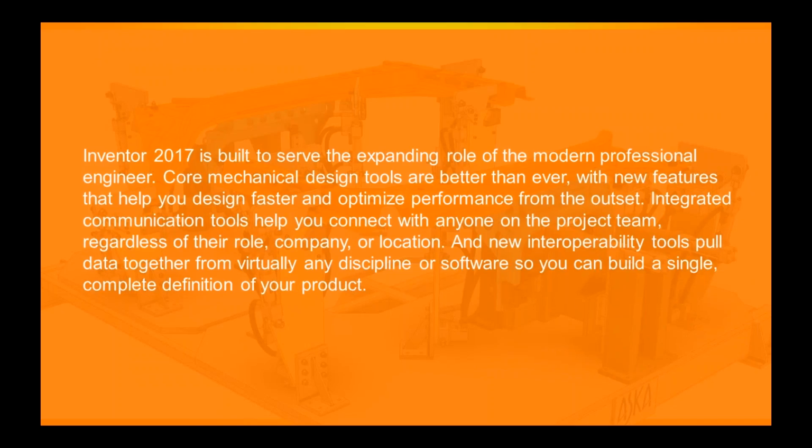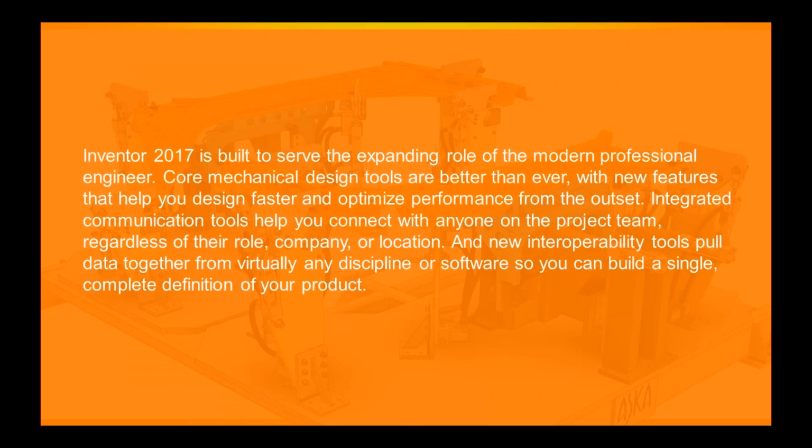Just a little bit about Inventor. Inventor 2017 is built to serve the expanding role of the modern professional engineer. Core mechanical design tools are better than ever, with new features that help you design faster and optimize performance from the outset. Integrated communication tools help you connect with anyone on the project team, regardless of their role, company, or location.